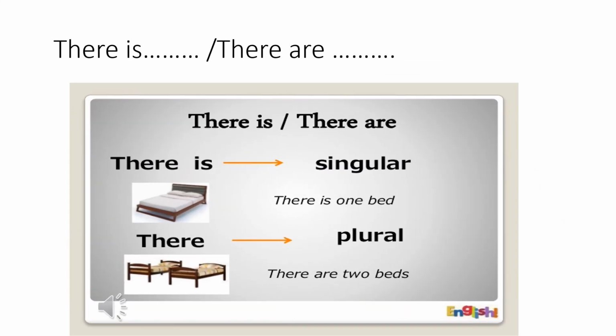Okay, students, don't forget we said we use there is for singular. For example, I can say there is one bed or there is a bed. Article is replacing one. There is a bed. Or we can say there are. We use there are when we are referring to plural.